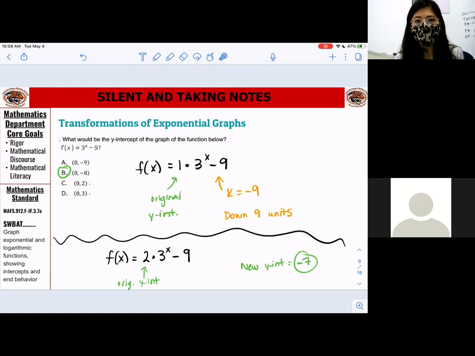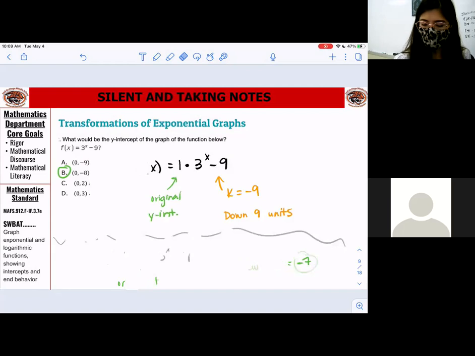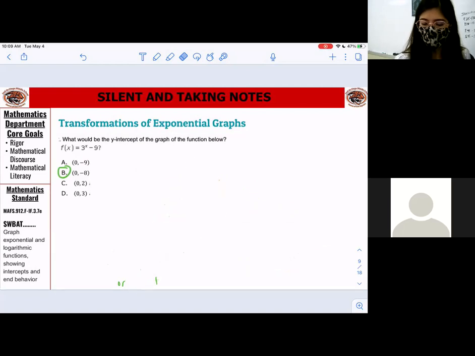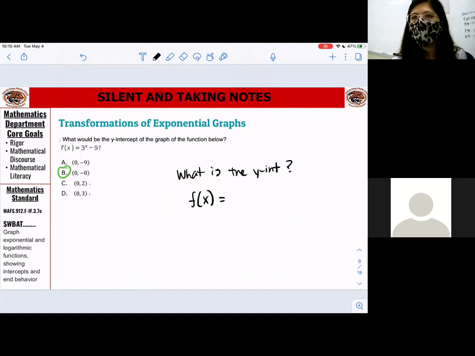Does anyone want me to show one more example of this? Yes? Okay, I'll do one more. Do a big number? Okay. So what is the y-intercept? Let me think of a good one.